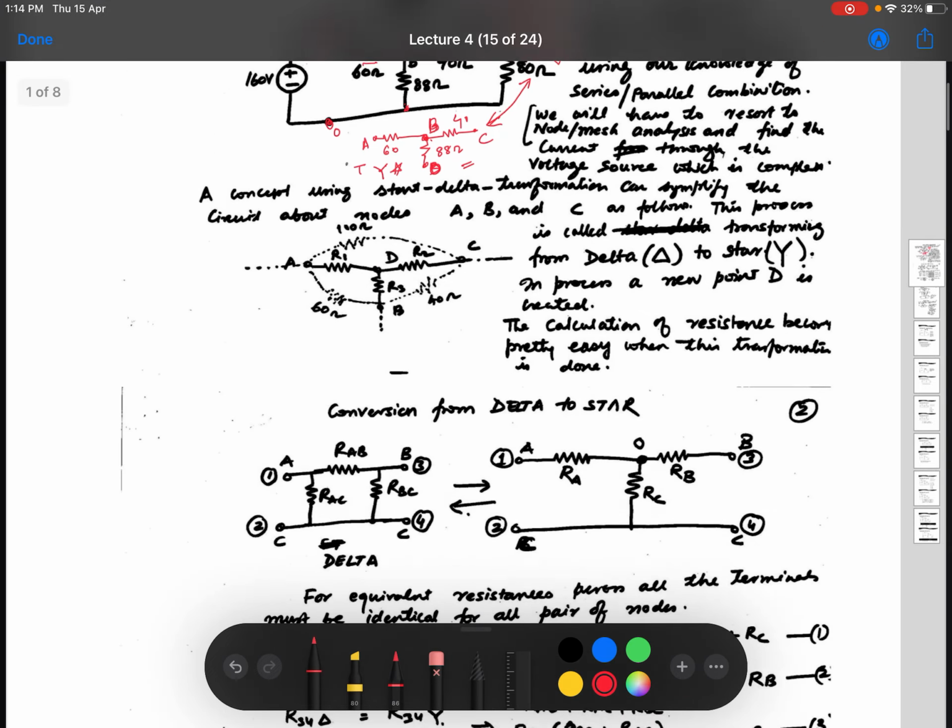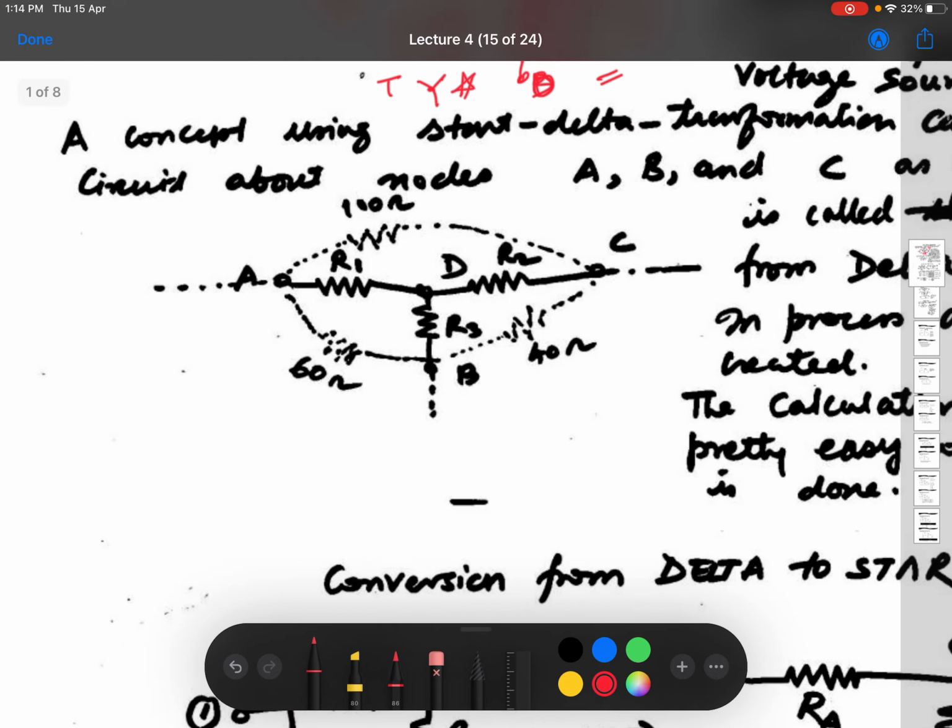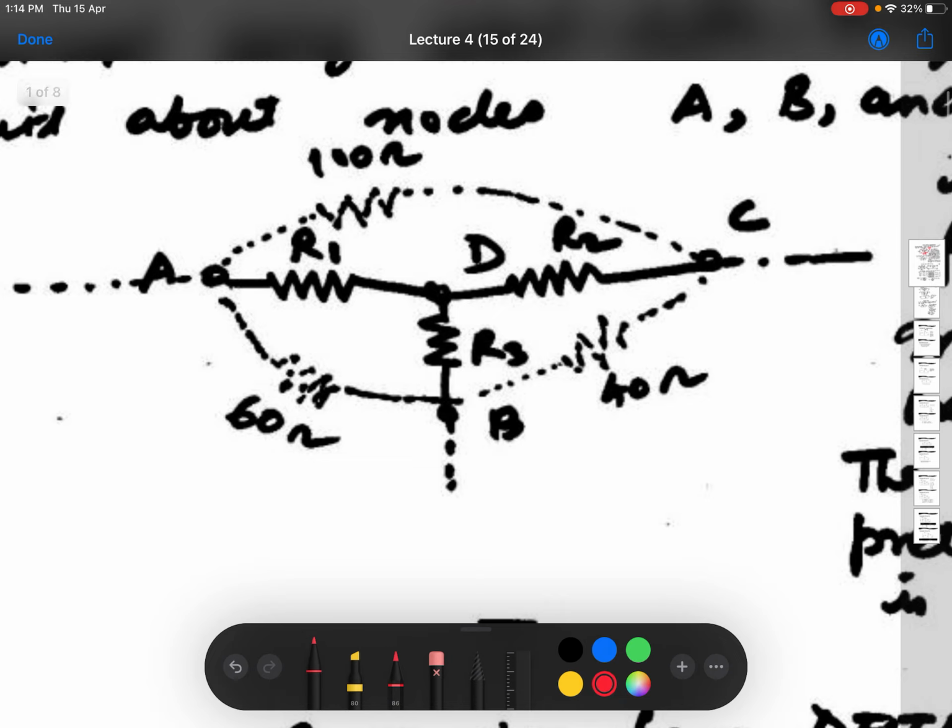I have drawn this circuit once again over here, the three resistances. This is point A, this is point B, and this is point C. If I consider this as delta connected, this is 100 ohm resistance, this is 60 ohm resistance, and 40 ohm; these three resistances are connected in delta.